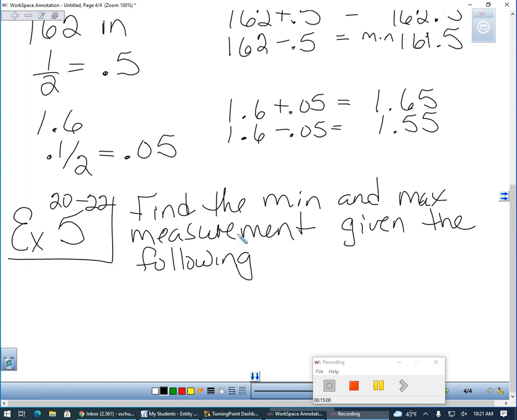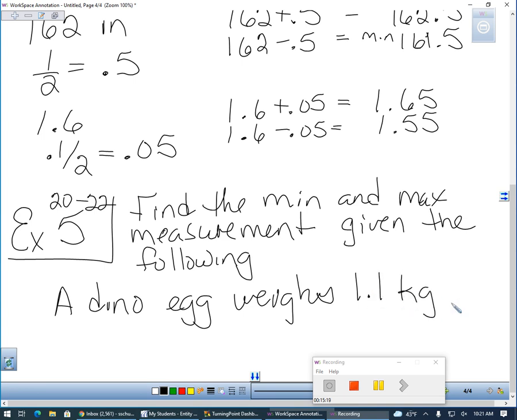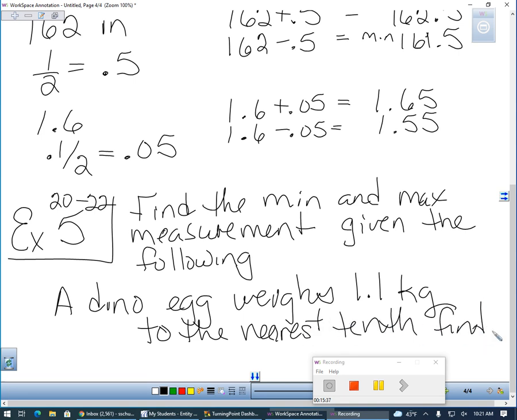That's the directions at the top of the section. And then in the section, it's going to say something like, a dino egg weighs 1.1 kilograms. To the nearest tenth. Find max and min.